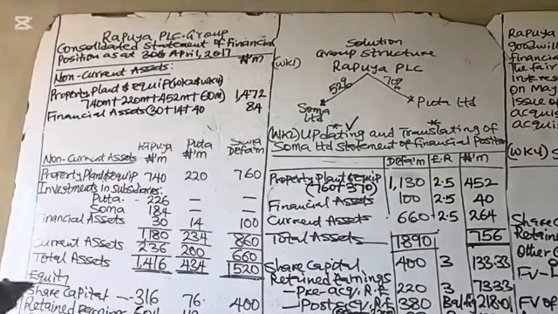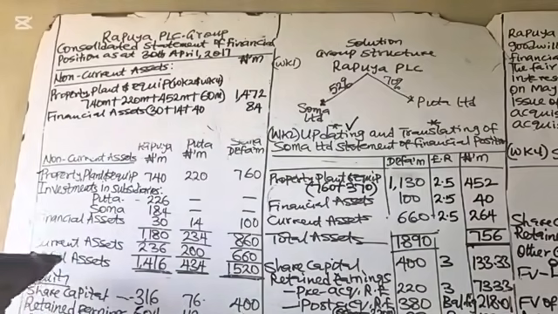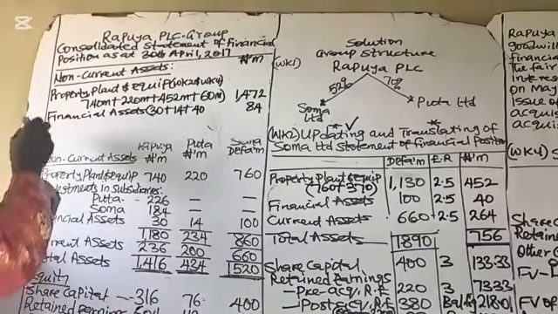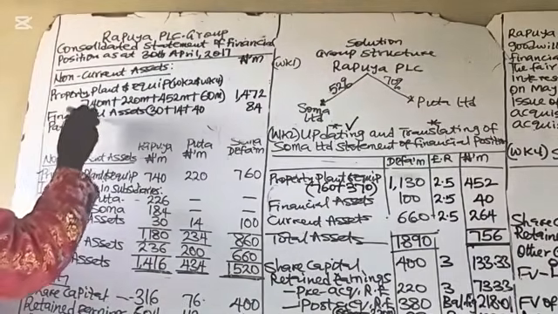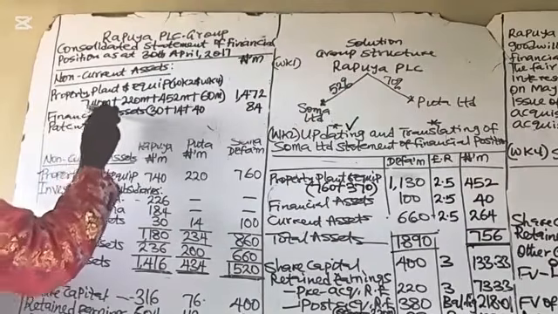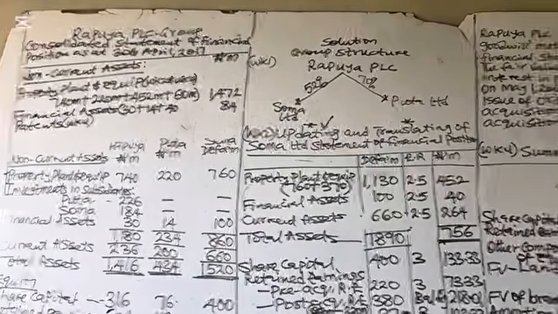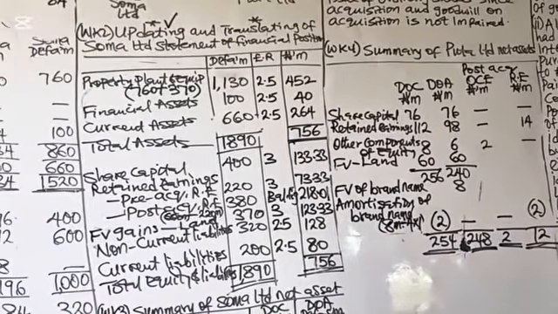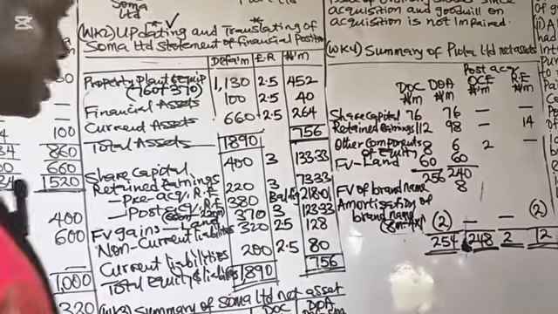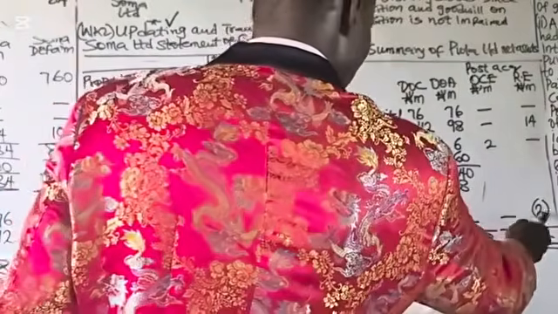Then we also have patent. Since we are done with this, let's have patent. That is from working 4, the summary of Puta Limited net asset. So we have patent there. And the fair value of the patent is 8 million, and the amortization on patent is 2 million.